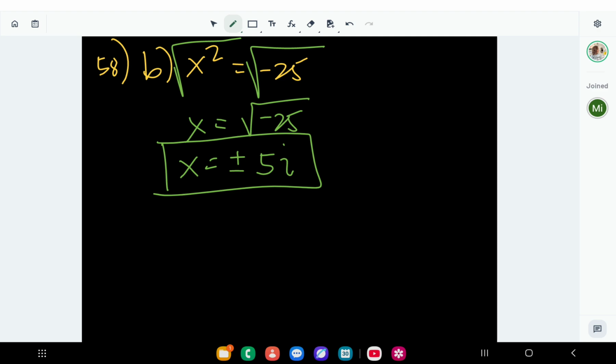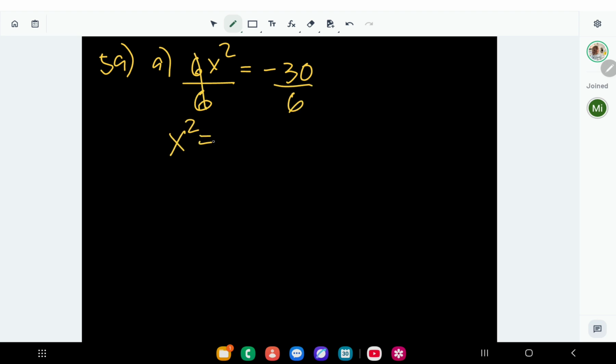So the next is 59. Oh, 59 is still quadratic equation? Quadratic equation, but the result is complex numbers.